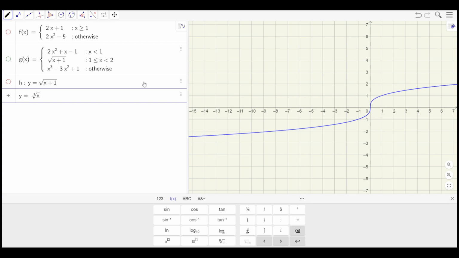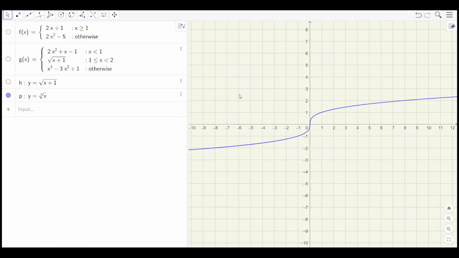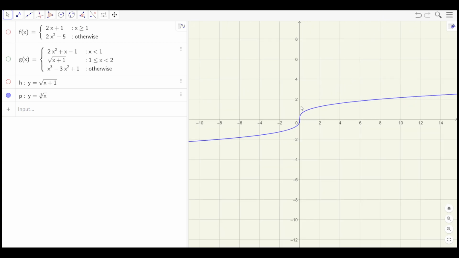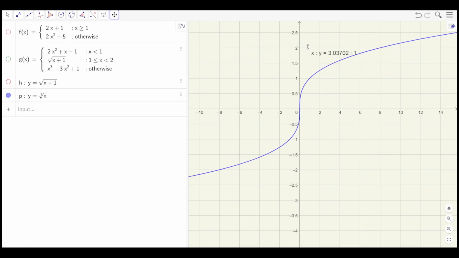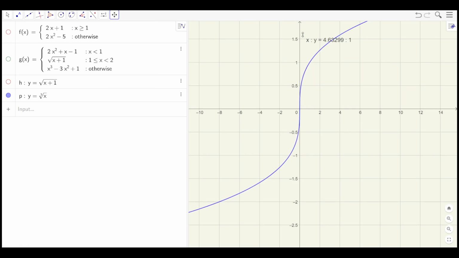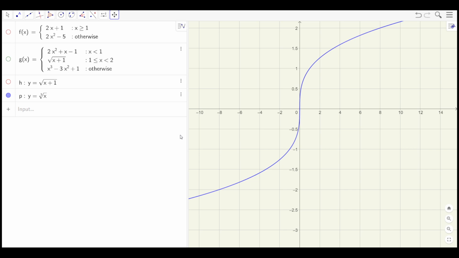But that's the graph. So you see, as we predicted, the graph is like this. We can make it a little bit nicer so you can see that. That's the graph of the 3rd root of x.